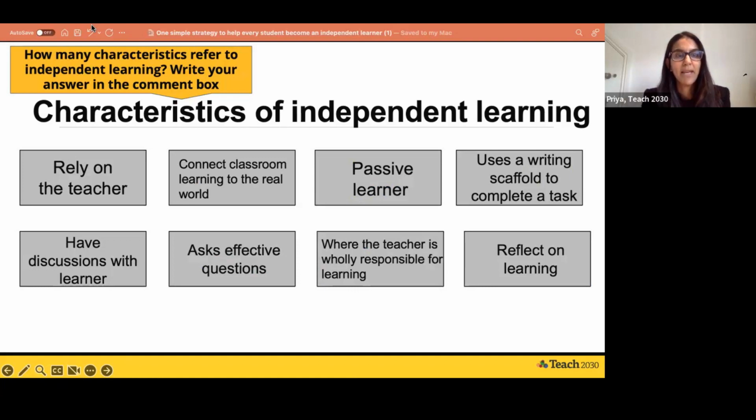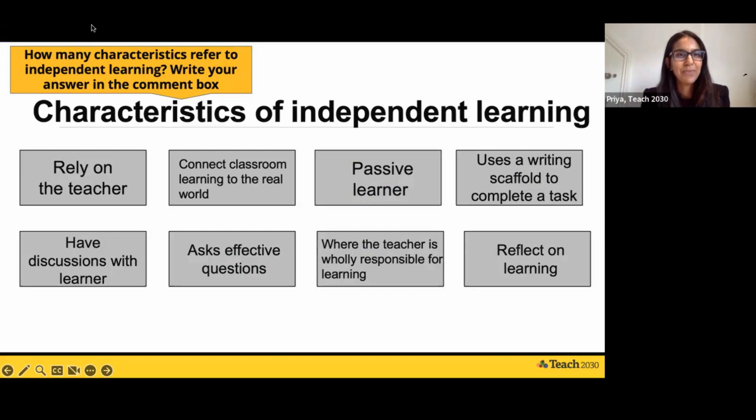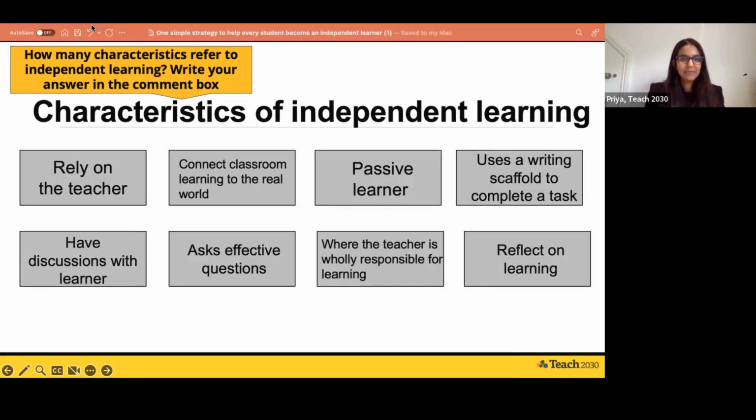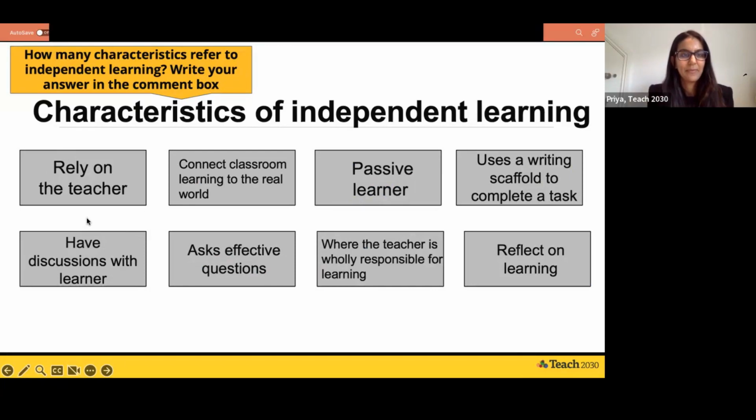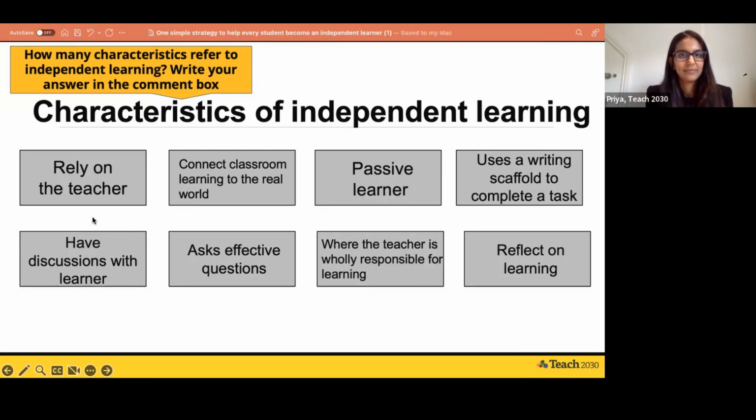You can write your number in the comment box below between 1 and 8. I'll give you a moment. So if you can look at some of the statements and write down in the comment box which statements refer to characteristics of independent learning.